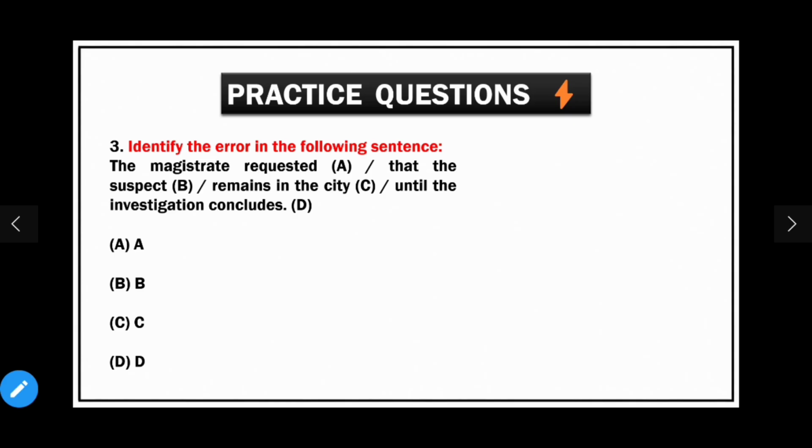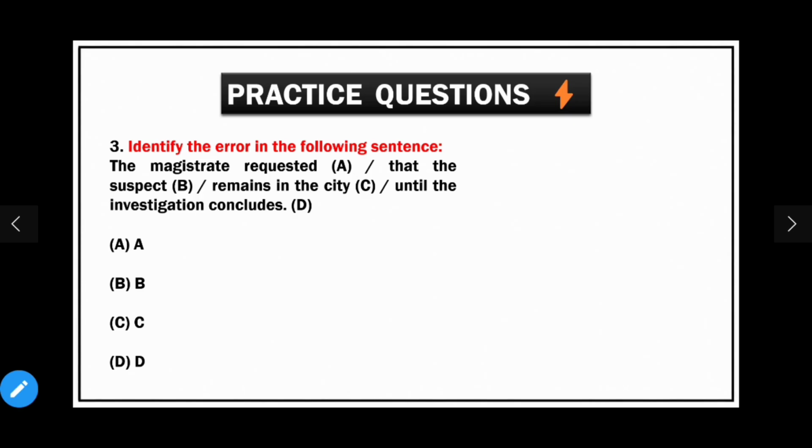Now you will think, what is the error? You have to see two things: whether it's subjunctive mood or not, and whether the main verb is written in base form or not. If it's subjunctive mood, then you have to check it. If it's not, then there's no need to find out.